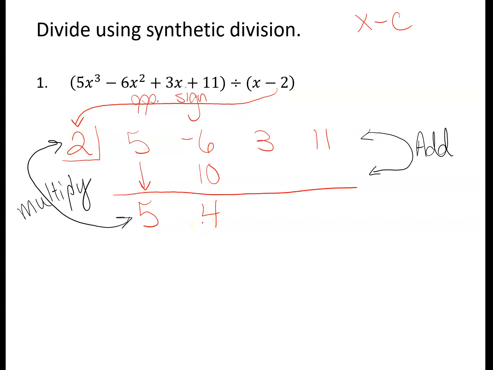So 4 times 2 is 8. We write that in the next spot. And then we add 3 plus 8. And then we repeat again. Now multiply. 11 times 2 is 22. And then we add 33. The number that we get at the end of the problem right here, that number is the remainder.